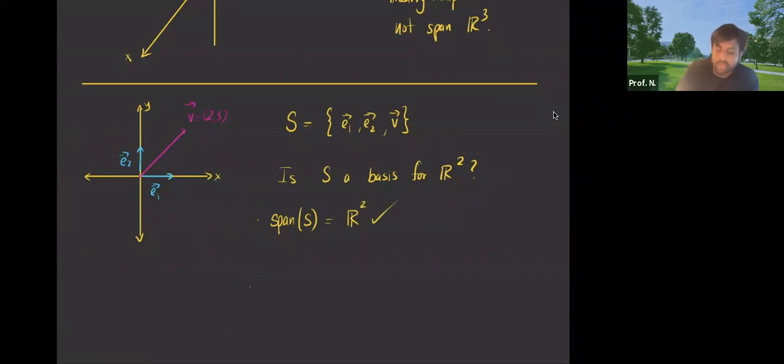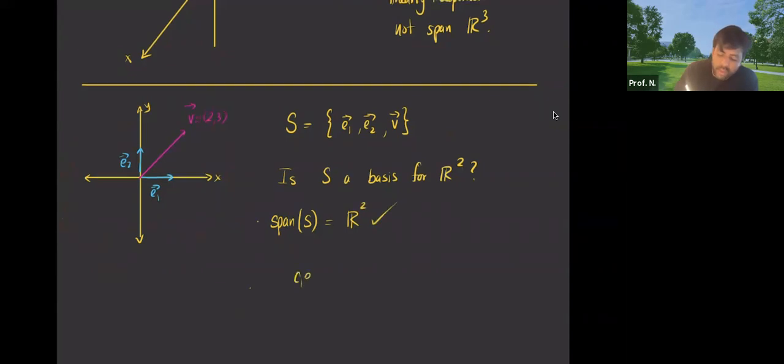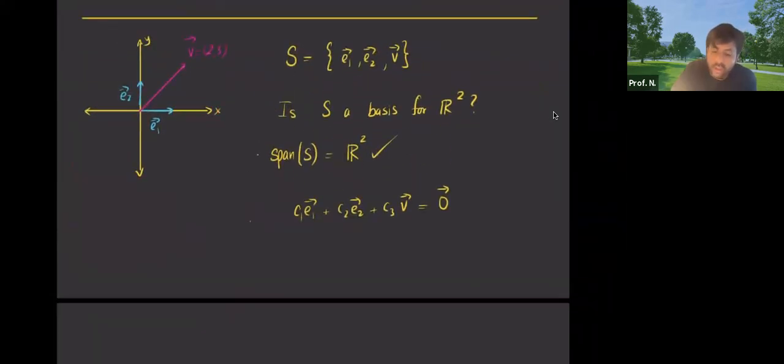Now the problem deals with independence, linear independence. Why? Because C1 E1 plus C2 E2 plus C3 V. Does this equal 0? Obviously zeros will work for this equation, and the zero solution always works for homogeneous systems.